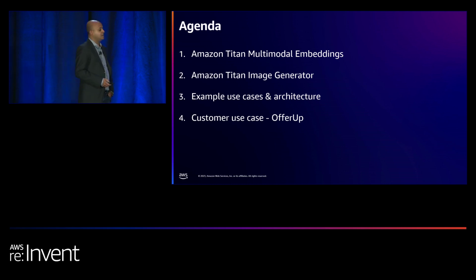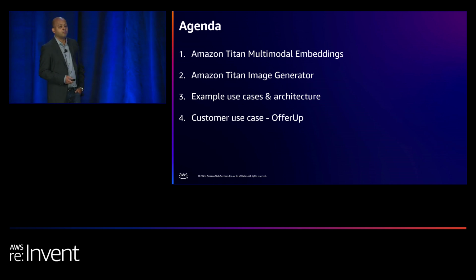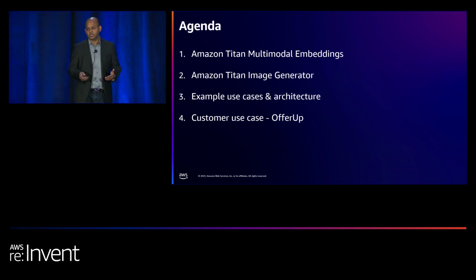Then we'll look at some example use cases and architecture, all of them using the Amazon Bedrock service, which is our foundation model as a service. And then Andres will walk us through how search is relevant for OfferUp, helping local buyers and sellers come together on their platform, and also how these Titan models will help achieve their mission.